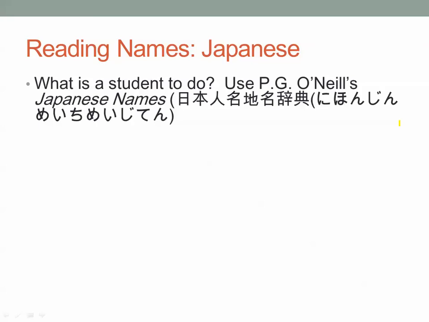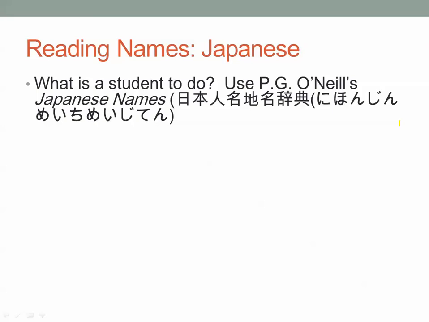All right, so let's say you want to know how to read a name. And I mentioned this before, but I'll mention it again. Needing to know how to read a name is particularly onerous on people who are living outside of Japan, people who are functioning outside of the Japanese language for a large part. Why is that?